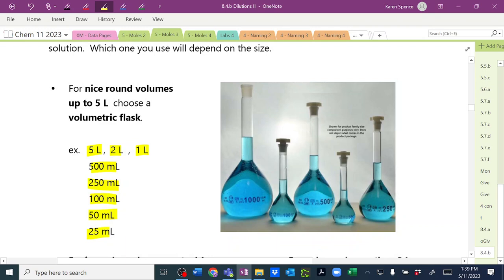Those are nice round numbers. Those are sizes where you have a volumetric flask. There's no such thing as a 38 milliliter volumetric flask. They simply don't make them, right? So if you have a nice round volume, less than or equal to 5 liters, you can choose a volumetric flask.